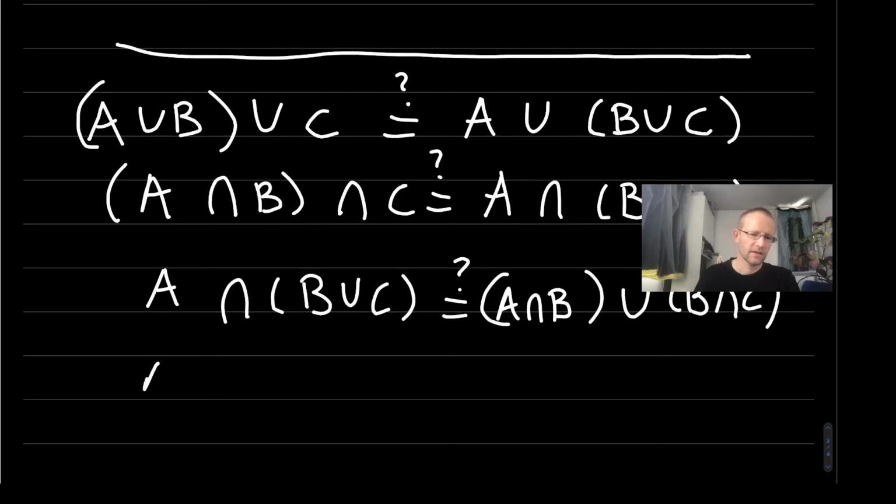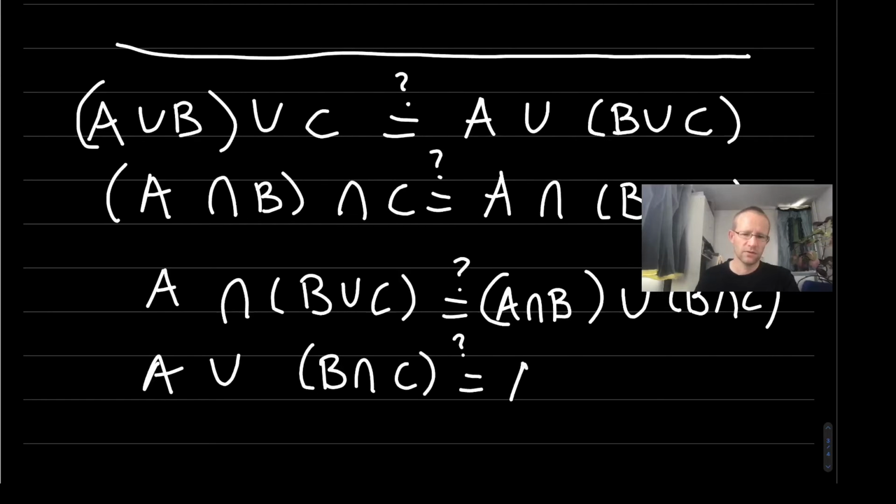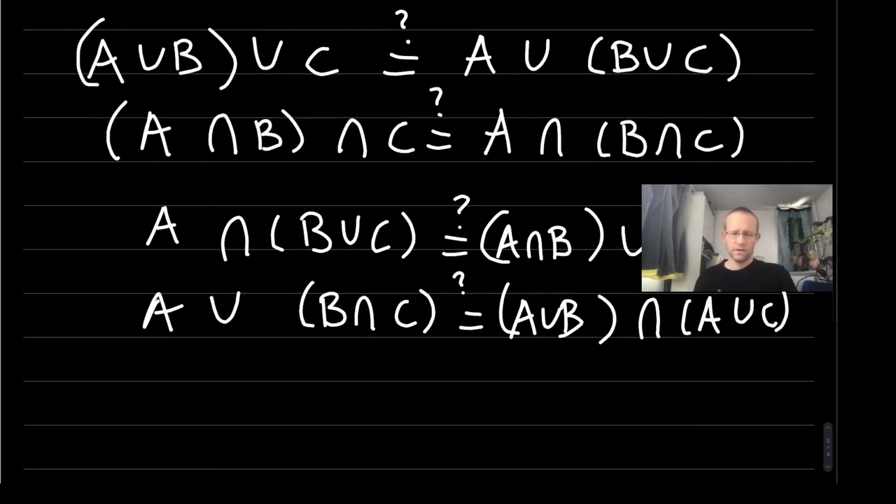And is A union B intersection with C equal to A union B intersection with A union C? The answer to these questions is yes.